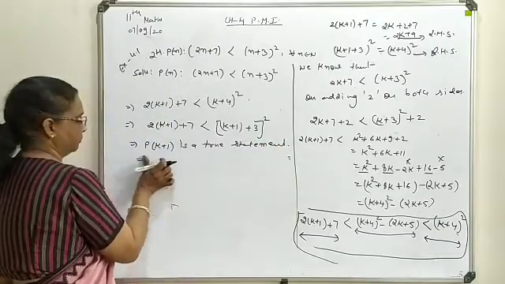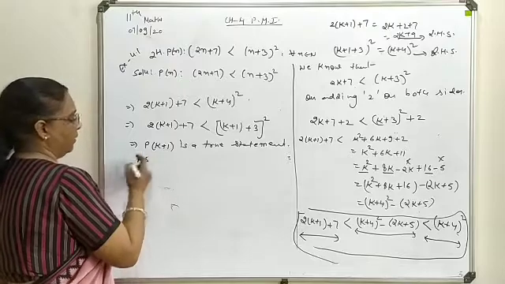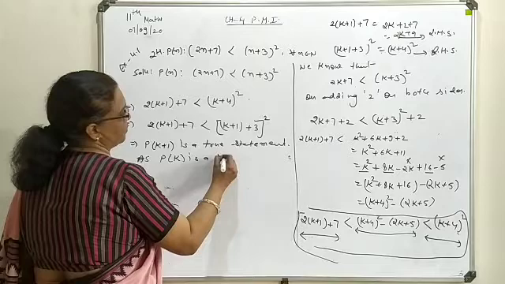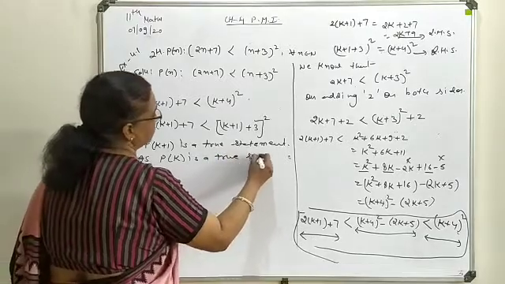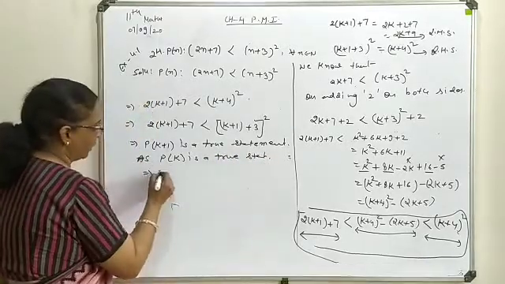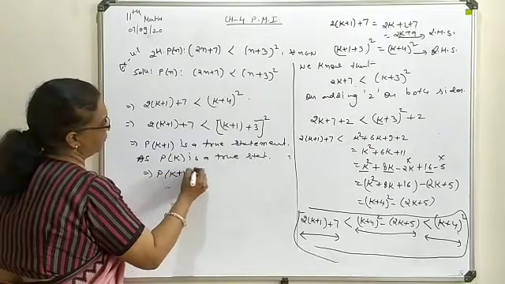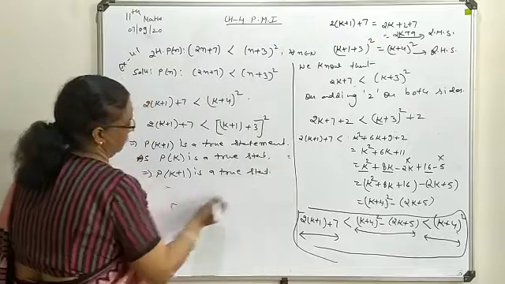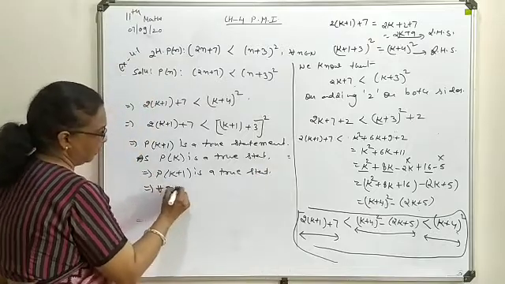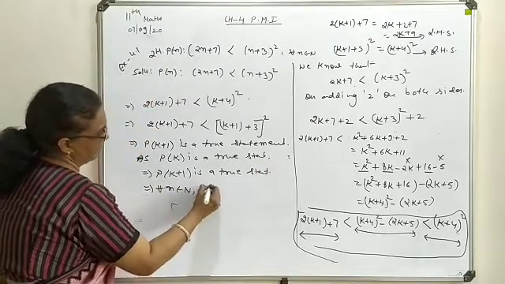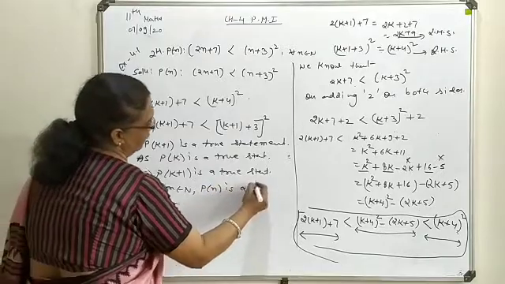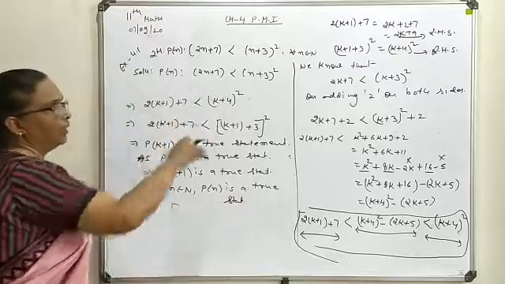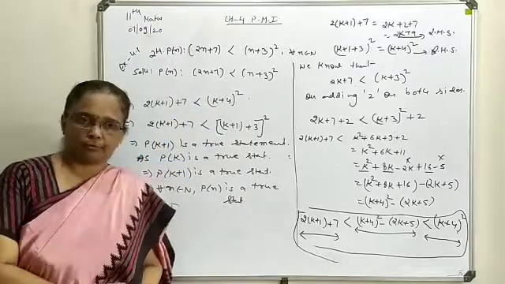That means, as in the beginning we supposed that P(k) is a true statement, therefore we have concluded P(k+1) is a true statement. So for all n we can say that P(n) is a true statement. So this way, this inequality type of question you have to handle.